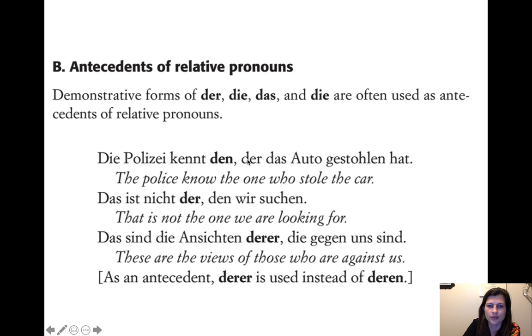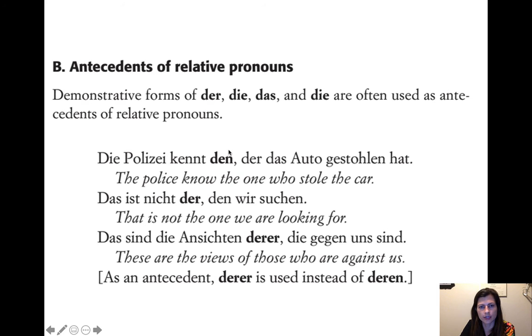So this whole thing, der das Auto gestohlen hat, is replacing a noun somewhere, right? It refers to a noun somewhere. It needs an antecedent. In this case, den is the antecedent. Der das Auto gestohlen hat, all that refers back to den, and it's just the shorter form because it would otherwise be die Polizei kennt den Mann, or whatever noun you would put in there, but it's like the one.